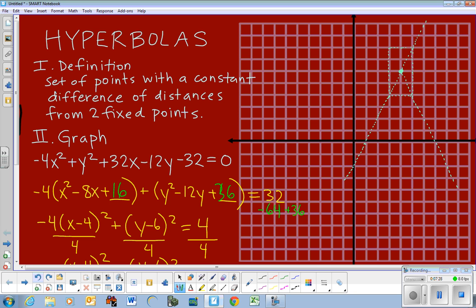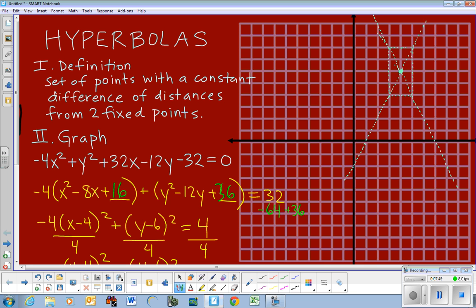And I want to make this dotted because these are not parts of the graph. I'm going to distinguish this from an actual part of the graph. A little off track there, but you get the idea. Do your rectangle, extend it corner to corner, and go out beyond the corners. And now I've got a little framework for drawing my hyperbola.